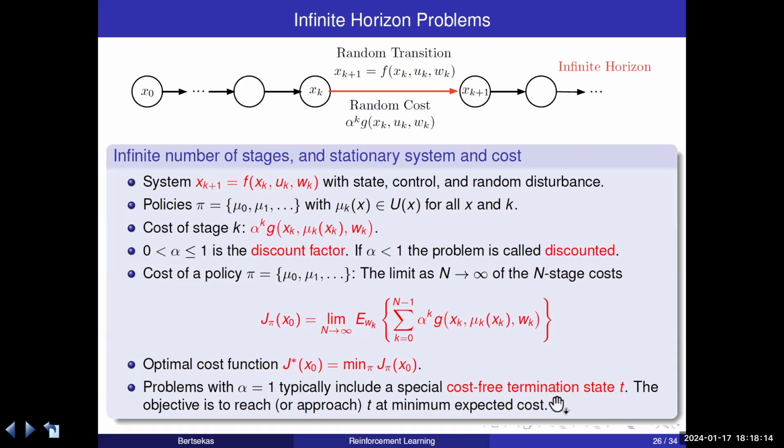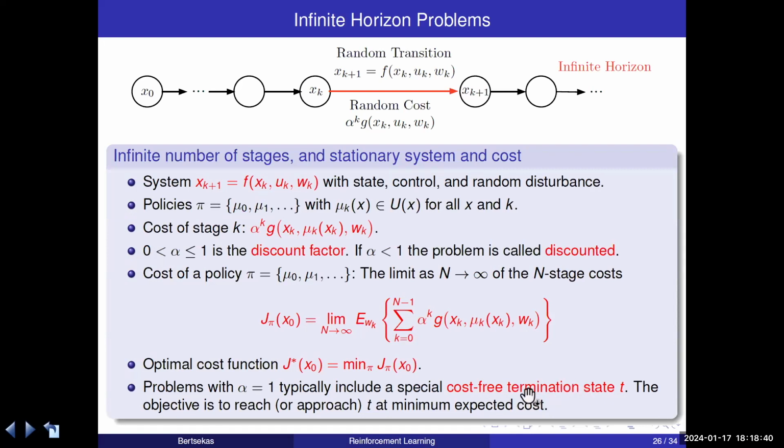The most common and easiest to understand infinite horizon problem involving a termination state is a shortest path problem. In a shortest path problem, you want to reach some destination and then cost stops accumulating after you do that. However, it's also possible to view it as an infinite horizon problem where you spin around cycles before you go to the termination state.